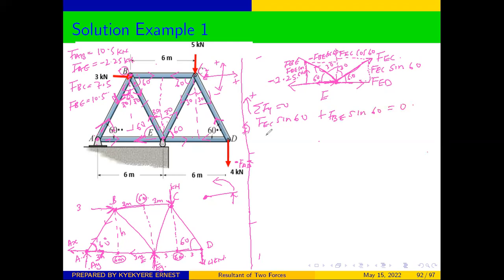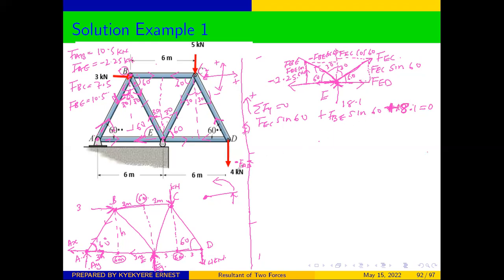Now, don't forget that at E, we also have a reaction. We have a reaction down there. So we have our reaction is down here. And it is going up, which is 18.1. Therefore, plus this force is moving up, which is 18.1 is equal to 0.